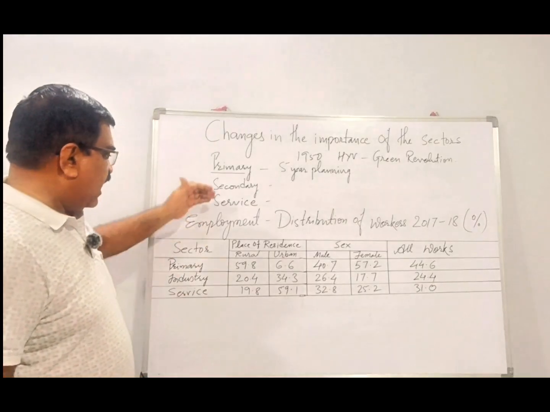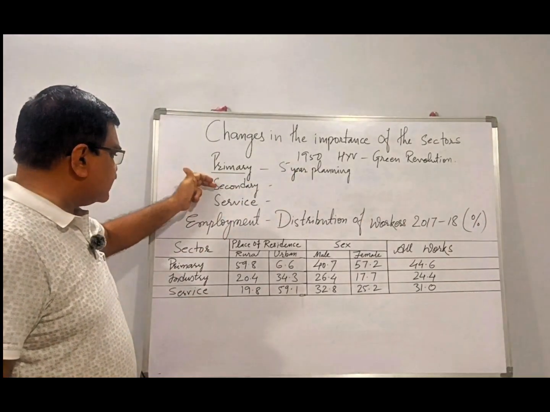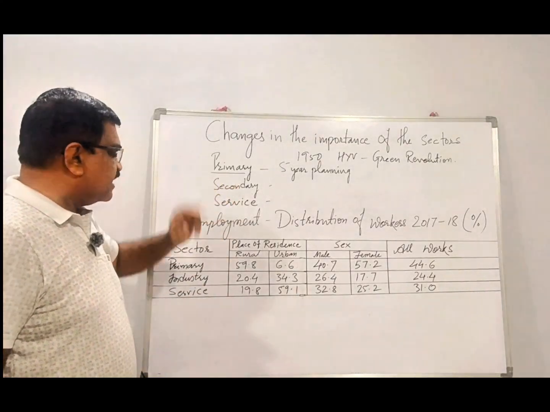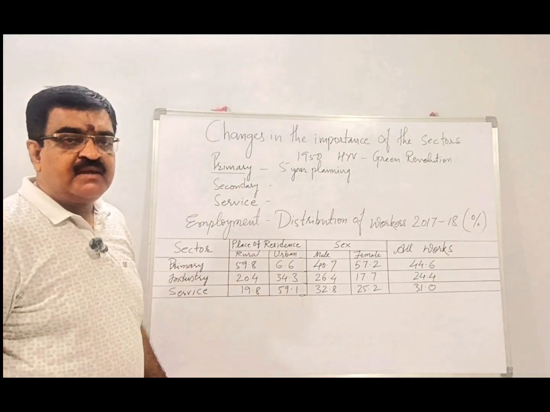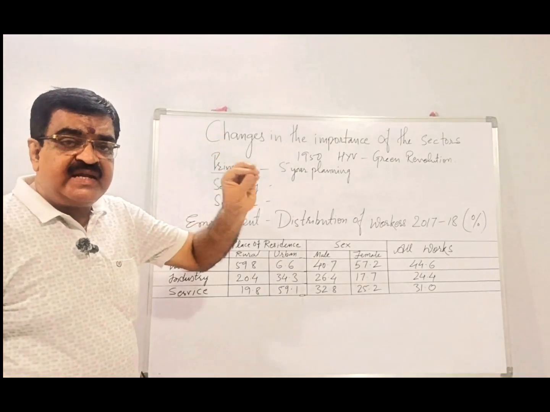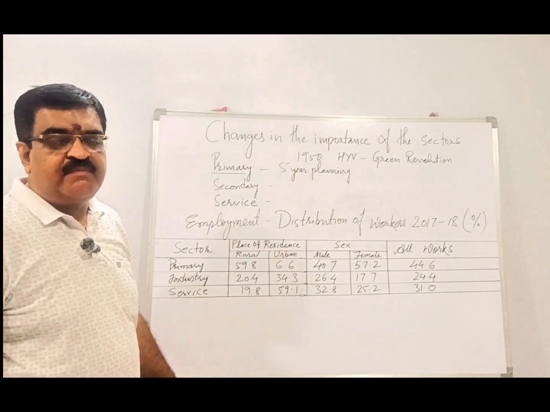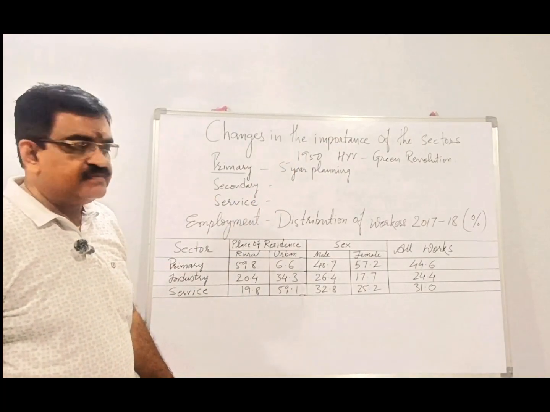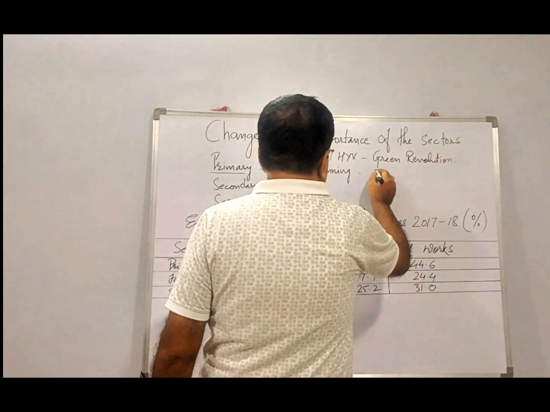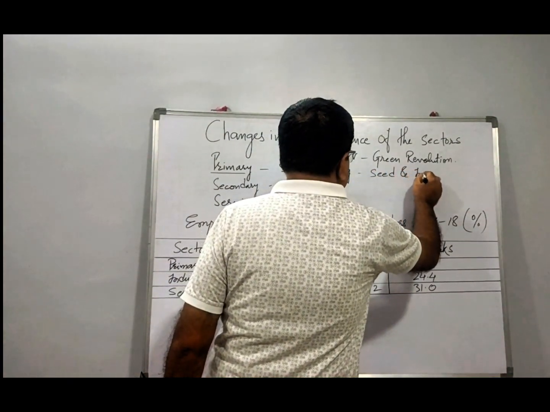So after the implementation of the 5-year planning system for the primary sector, secondary sector and service sector, the condition of secondary and service sector has improved, but the condition of the primary sector has improved very little. Only a few facilities were made available for them, that is just seeds and improved methods.